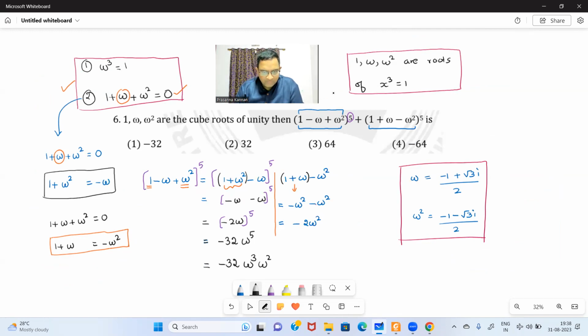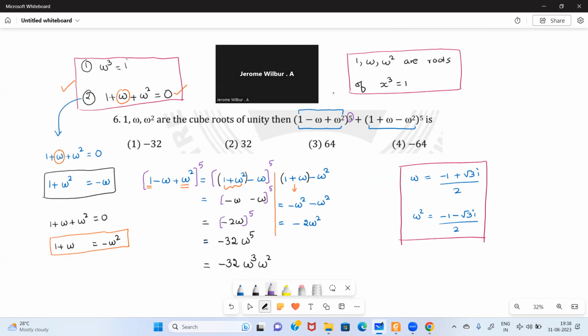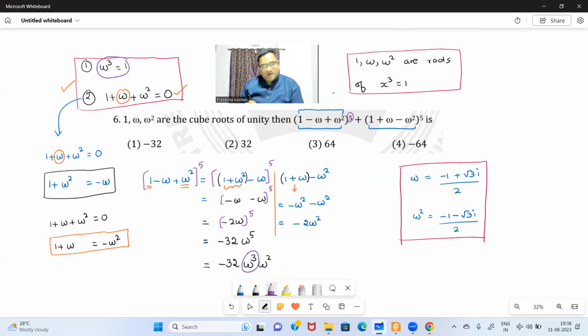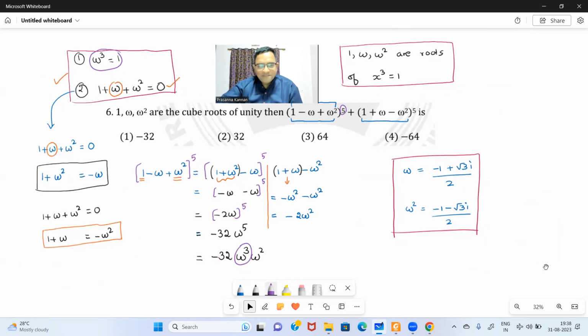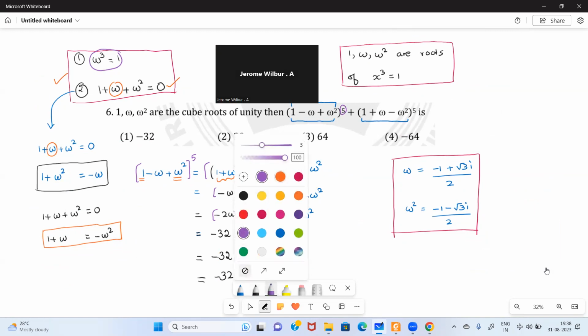Omega cube into omega square, correct? What is omega cube? 1, sir. So omega cube becomes 1. Therefore, this becomes minus 32 omega square. Is it clear, students? Yes, sir.